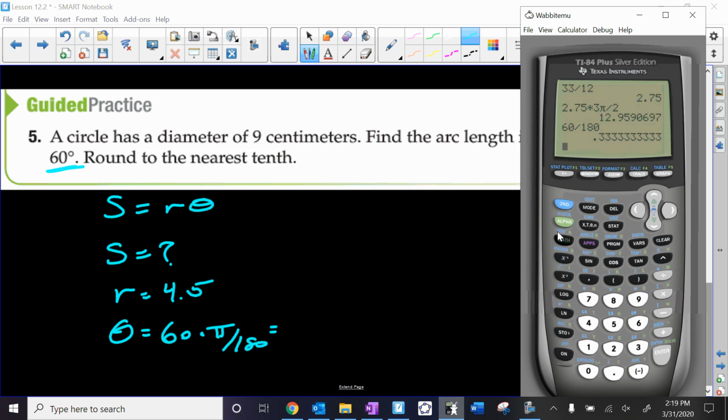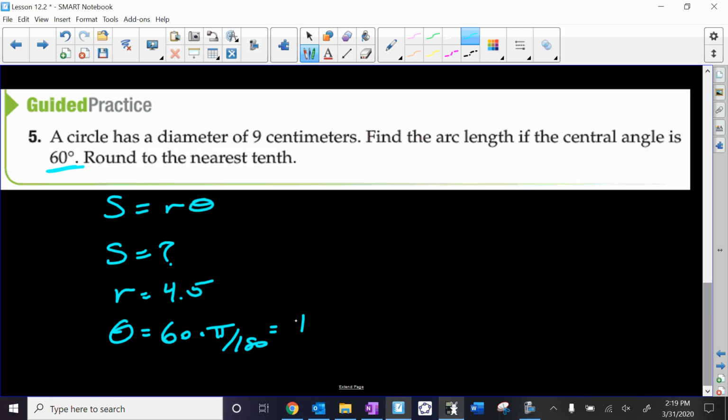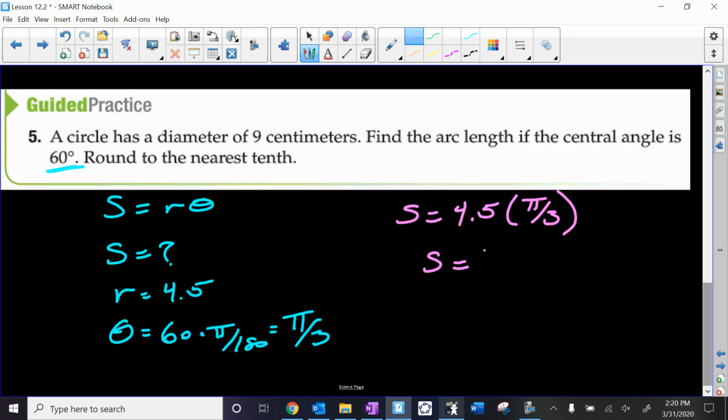That'll give it to you in a decimal, but you can easily convert it back to a fraction, which gets you a third, so it's the same thing as pi over 3. Find your arc length, take your radius, 4.5 times pi over 3. And when you do that, you're going to get approximately 4.7 centimeters, which will represent your arc length.